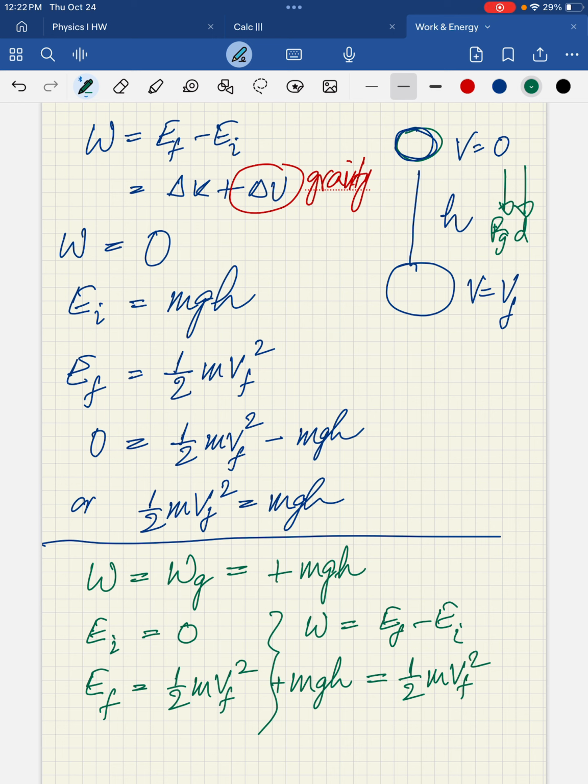And if you see this equation and this equation, they are exactly the same, right? So whichever way you do it, it will give you the same answer, but you have to be careful that you cannot duplicate a force on both sides, on the work side and on the energy side. You can only use it on one side.